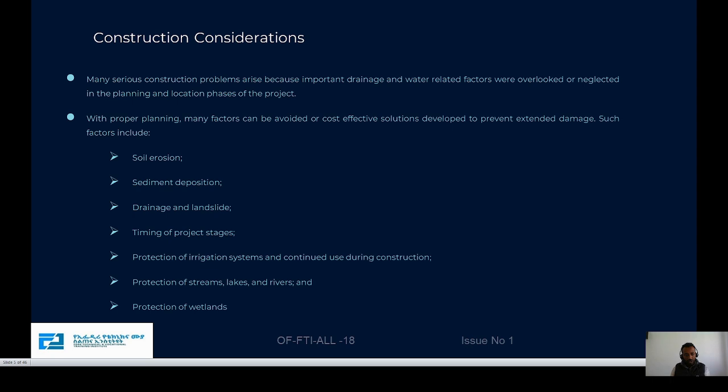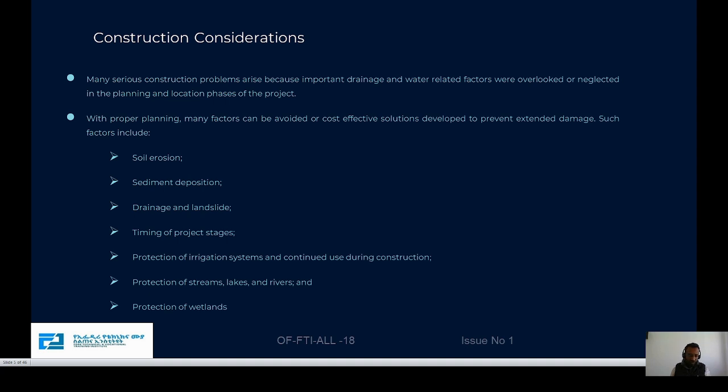And also in construction considerations, many serious construction problems arise because important drainage and water related factors are overlooked or neglected in the planning and location phases of the project. With proper planning, many of these problems can be avoided, or we can prevent the extent of damages.